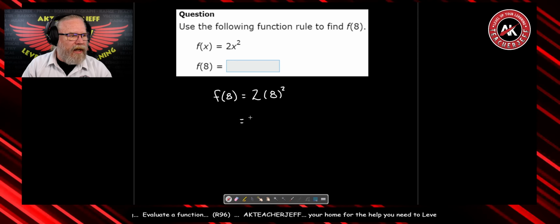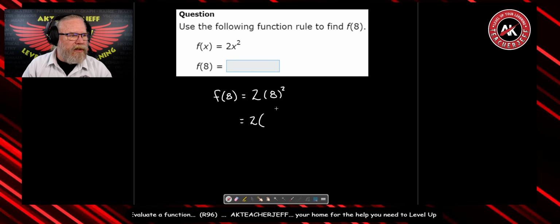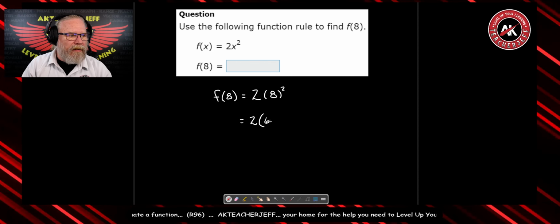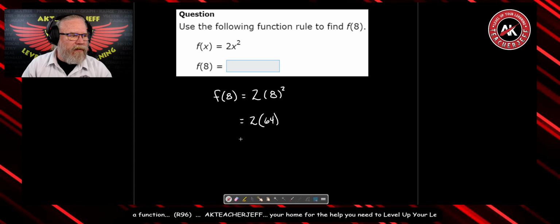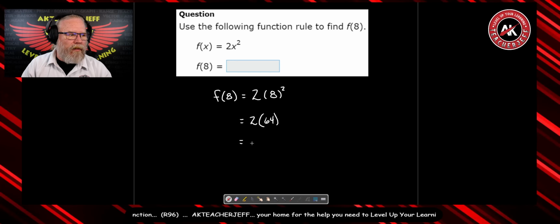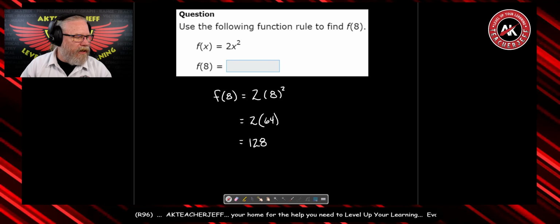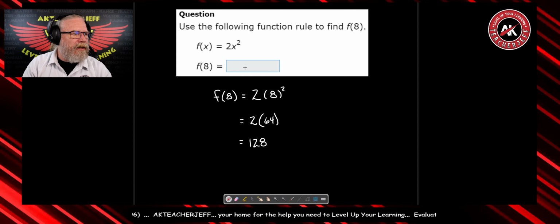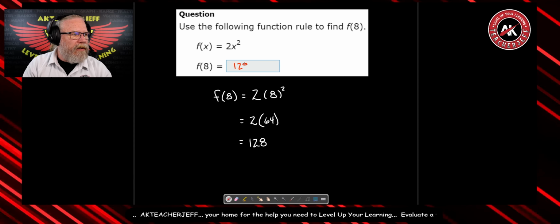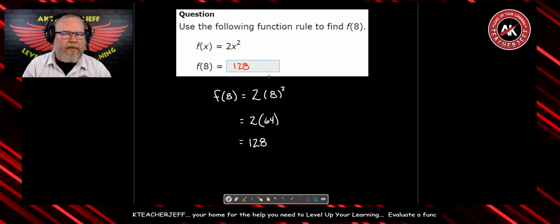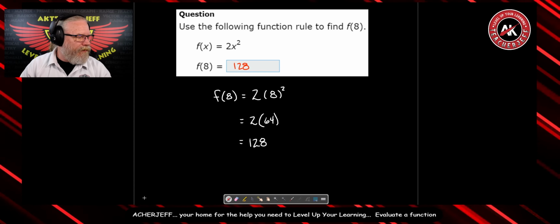So let's go ahead and bring this down. 2 times 8 squared, which is 64. 8 times 8 is 64, equals, and what is that, 128? So in this case, we're going to say that f of 8 is equal to 128. That's it. Just substitute it in and solve.